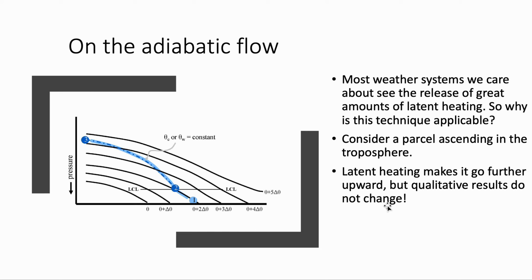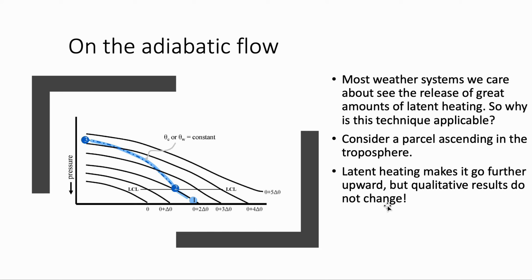Okay, I wanted to conclude just by talking about the adiabatic approximation. As usual, whenever we look at motions in the atmosphere, we have to make approximations. We have to approximate the motions as being quasi-geostrophic.